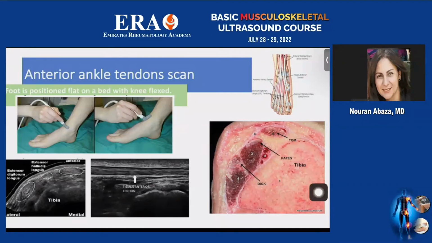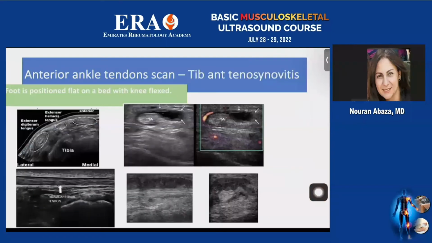How about the pathology when it comes to the anterior ankle scan? This is the pattern of the normal transverse scan with, for example, the tibialis anterior, just an oval hyperechoic pattern with just a potential space of hypoechogenicity around.